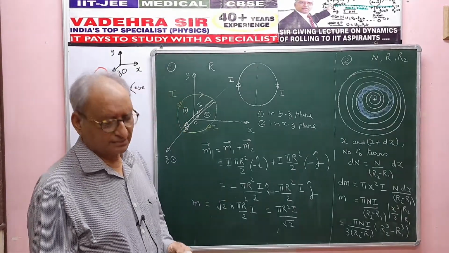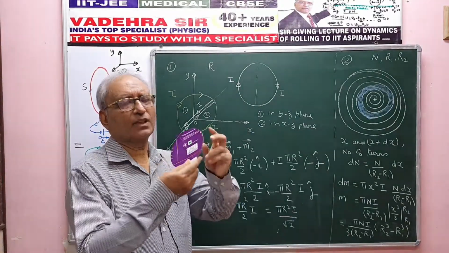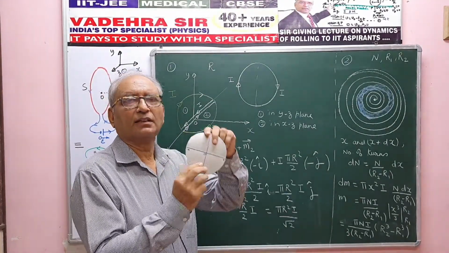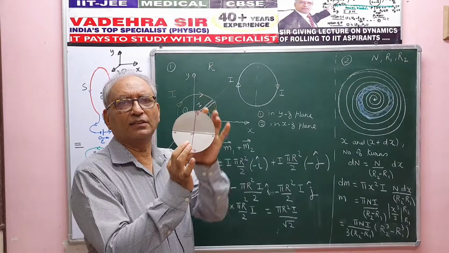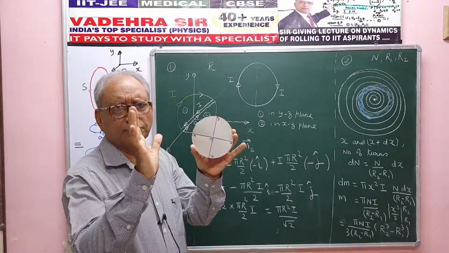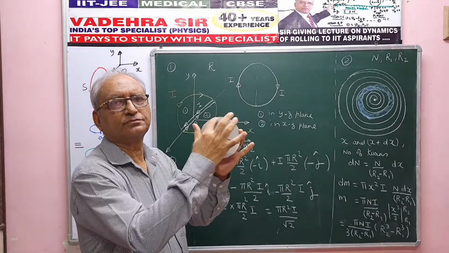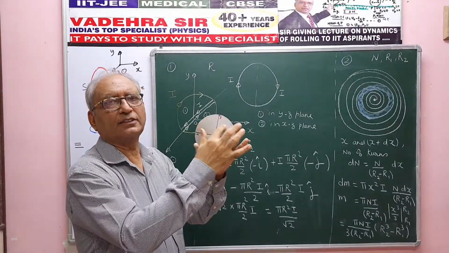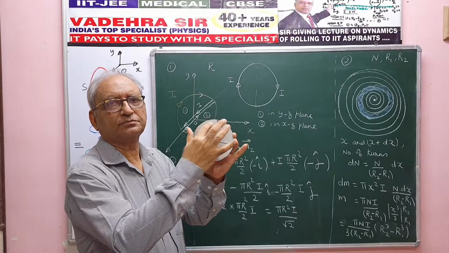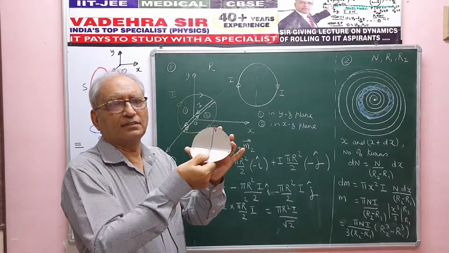First problem is like this. Think of this as a circular coil. Suppose there is a current passing like this in the coil. I fold this coil like this.